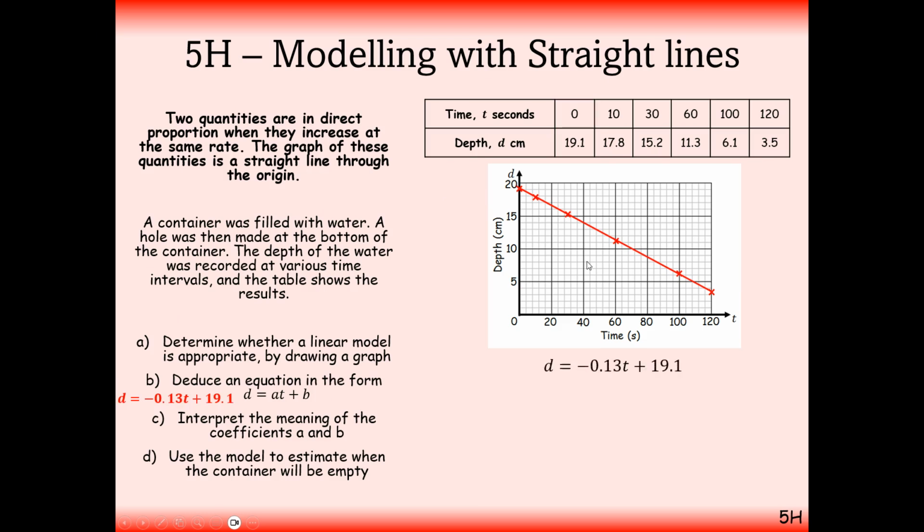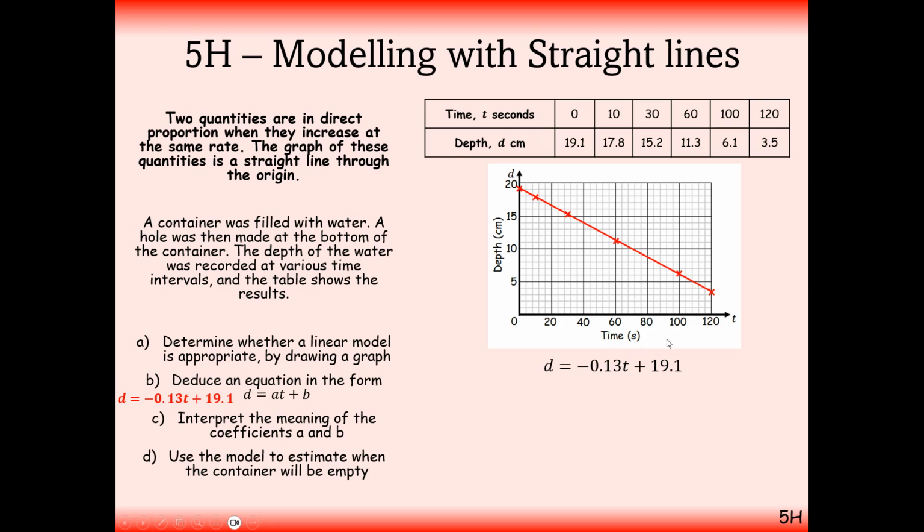So part C is saying interpret the meaning of the coefficients a and b. Well, a is the coefficient, and b, I would say b is the intercept, right? So a is saying that for each unit of time, t is measured in seconds.